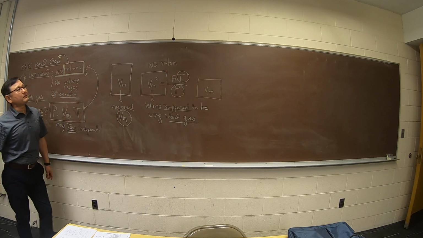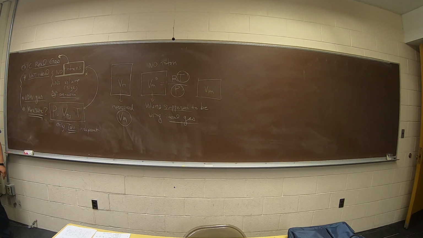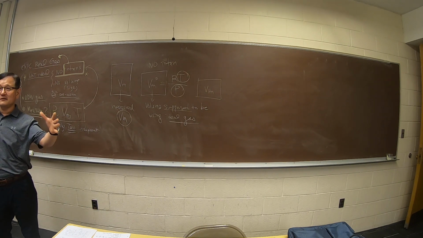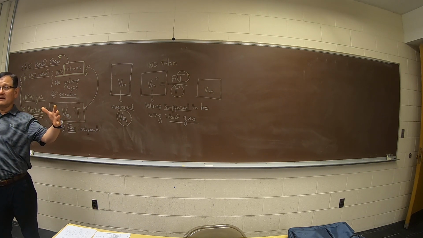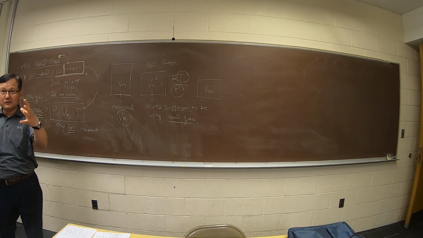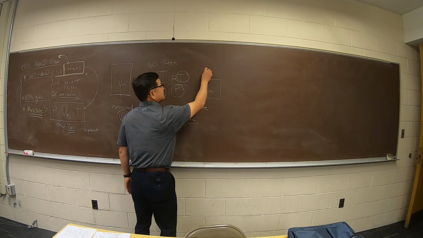One has a repulsive interaction, the other has an attractive interaction. Which one do you think is the attractive interaction? Think about yourself as a gas molecule. You have an attractive interaction. You are brought closer together, right? So this is an attractive interaction, right?